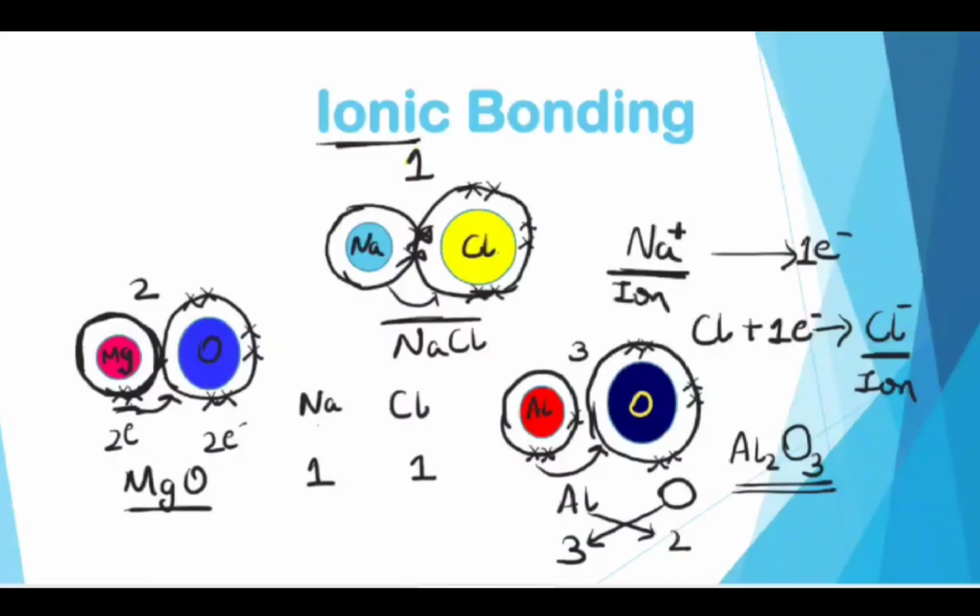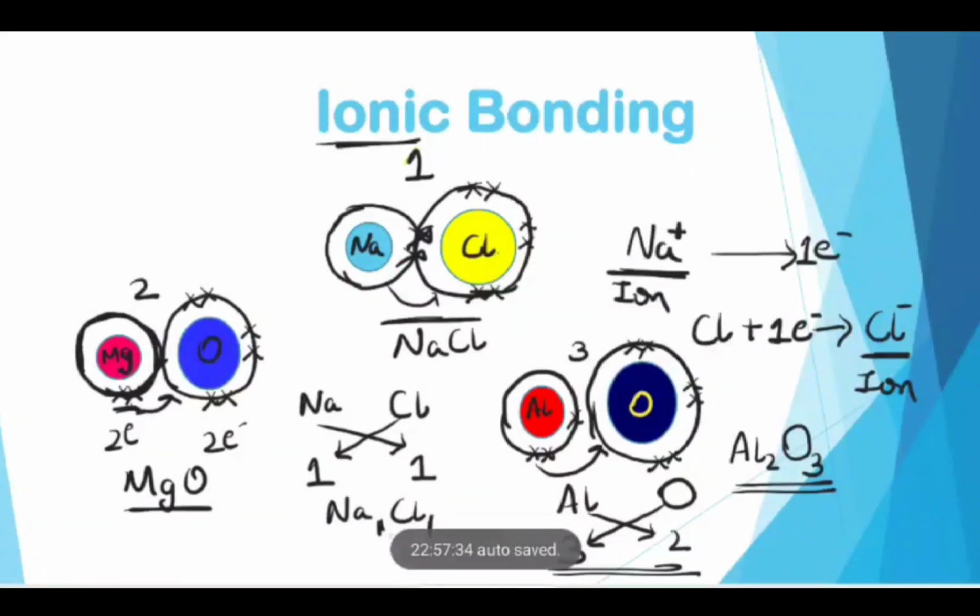If we do the crisscross method like we did in aluminium oxide, it is Na1Cl1. If the valency is 1, it is normally not written. In every ionic compound, the formula is obtained from the valencies by the crisscross method.